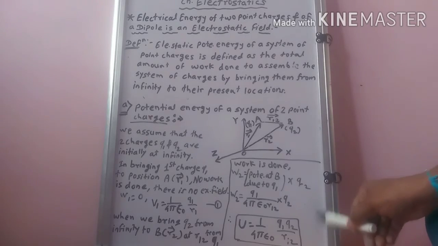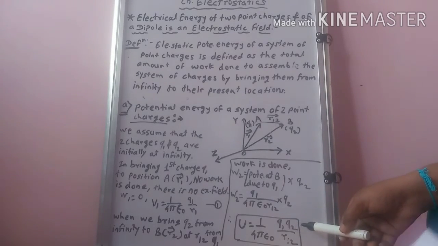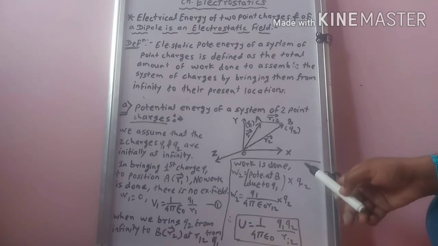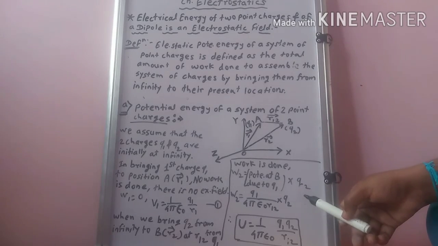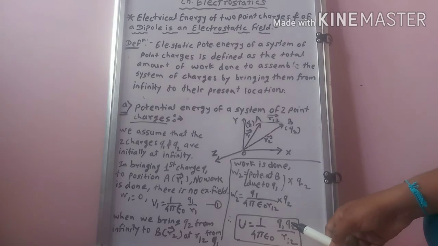This is the electrical potential energy of a system of 2 point charges. This equation can be generalized for a system of any number of point charges.